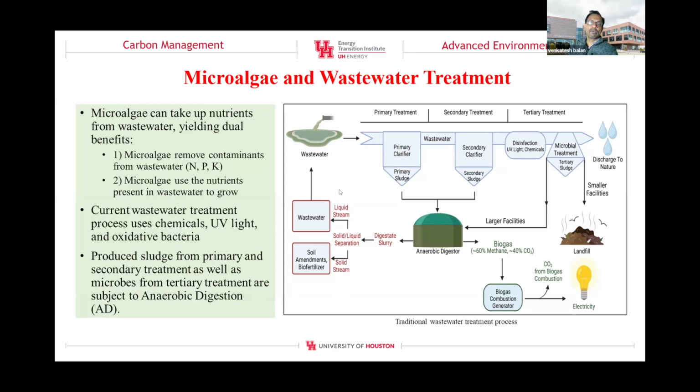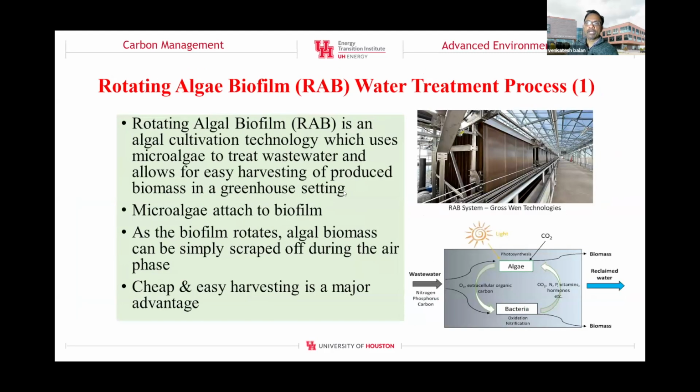So we have come up with a different solution where we are using this RAB system. This is developed by Grossman Technologies in Iowa. They have now set up a big pilot scale facility in California using DOE funding. The good advantage of this is we have a stream of water coming in. There is a belt rotating around on a regular basis, and carbon dioxide is being absorbed on the film.